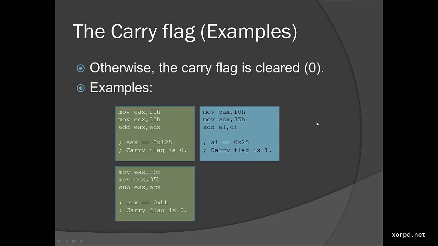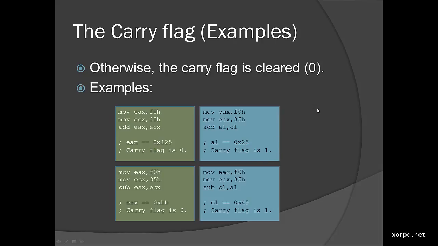Let's look at another example, this time with subtraction. Again, we put in those two usual numbers, F0 and 35, inside EAX and ECX. But this time we do something a bit different. We subtract AL from CL. We actually do CL minus AL.